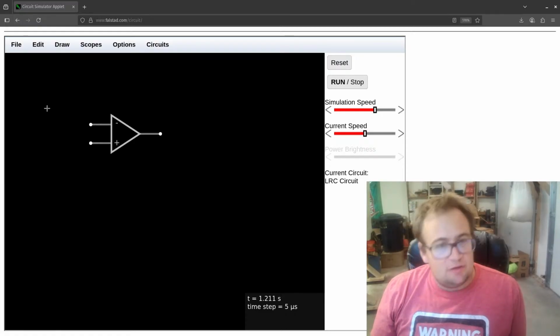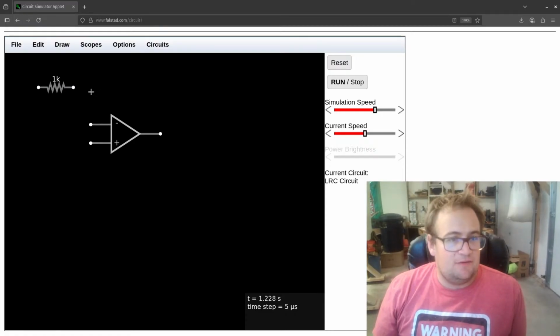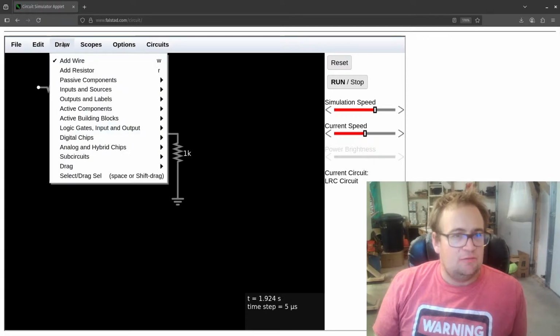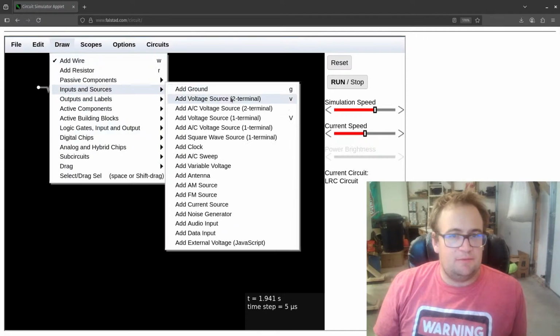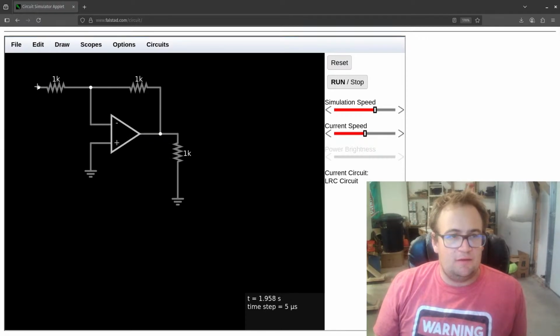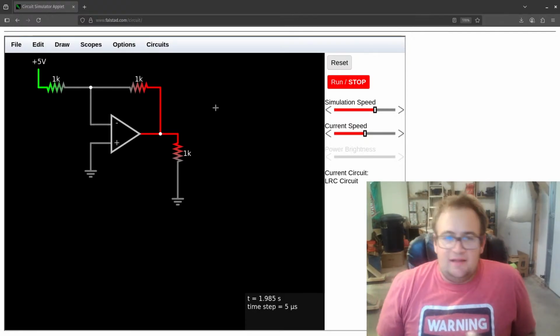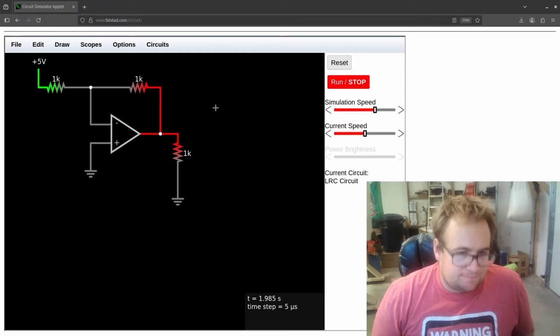This is what is called the inverting amplifier. We now put an input in. Might as well put a 1 volt input.